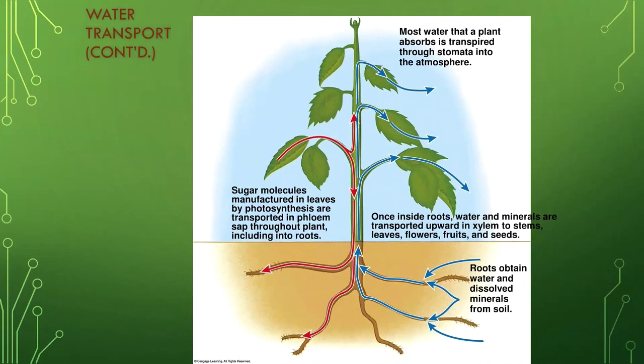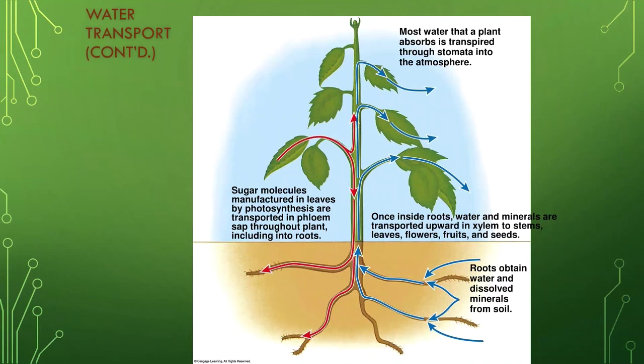It's mostly moving through the process of transpiration. Most water that a plant absorbs is transpired through the stomata and into the atmosphere. On the other side is the translocation of the dissolved sugar that the leaves are making, and it can move upward or downward.